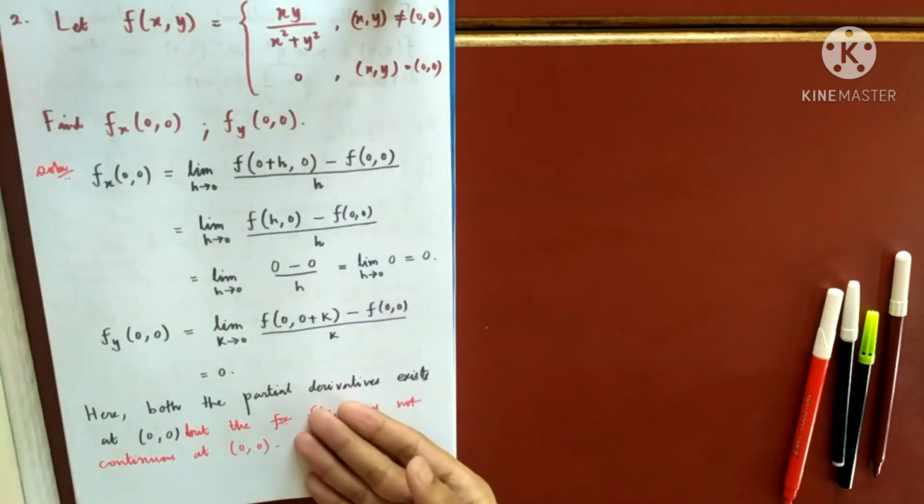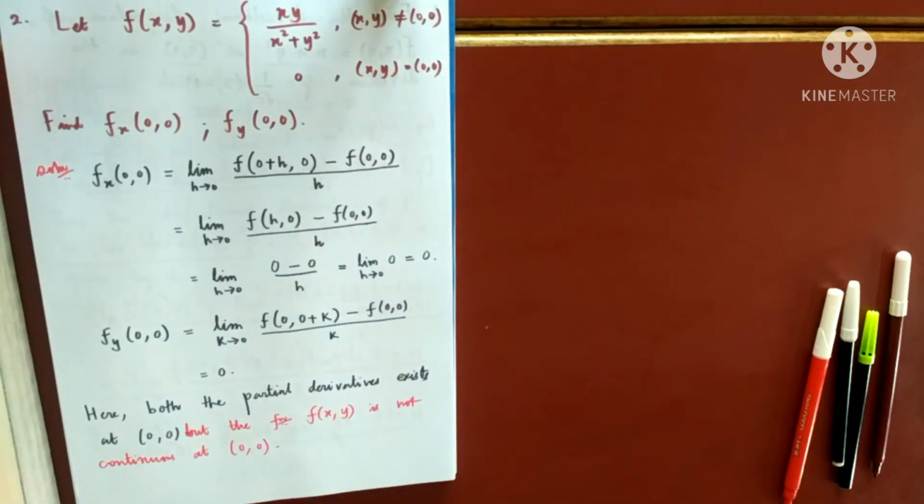As you can see in this case, both the partial derivatives exist and they are even equal. Anyways, that has nothing to do with equal or not equal. But still the function is not continuous at the point 0, 0. So keep that as a note. Existence of partial derivatives may not guarantee the continuity of a function at that point.